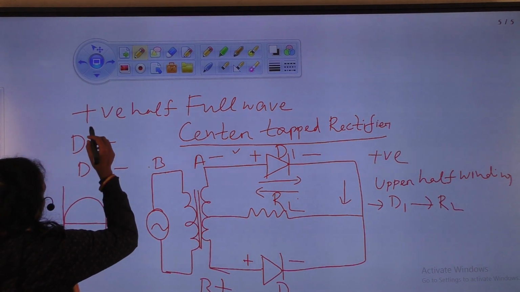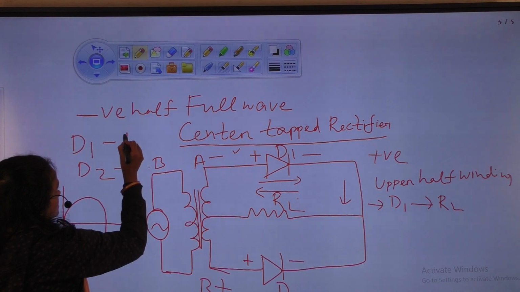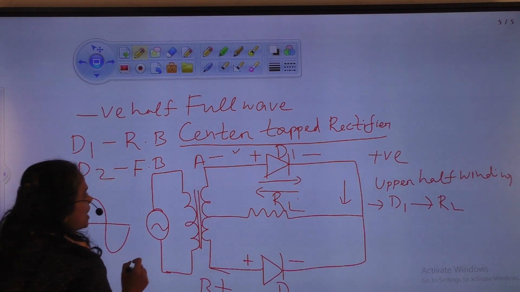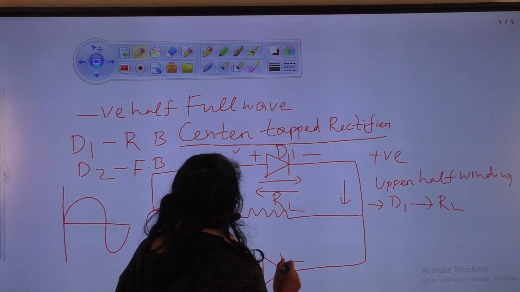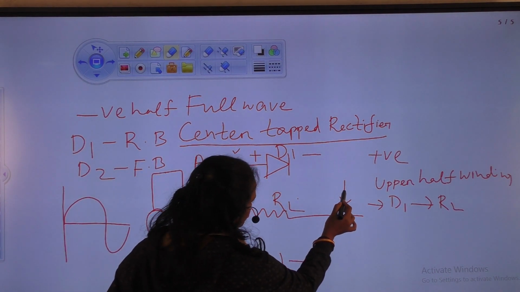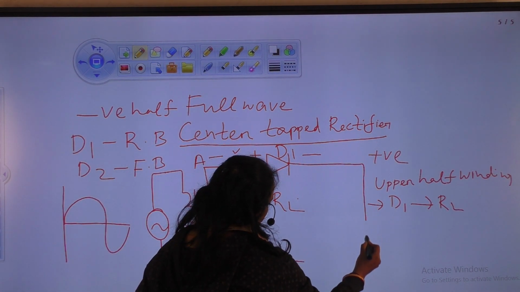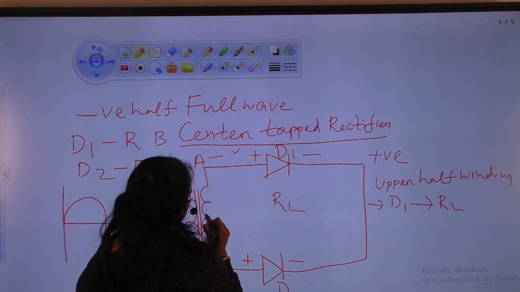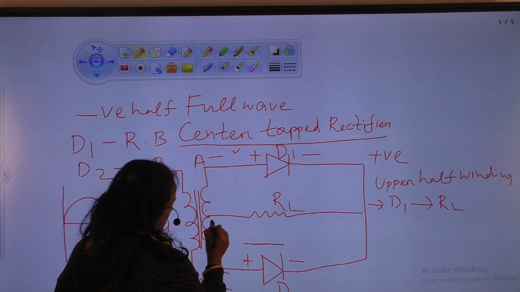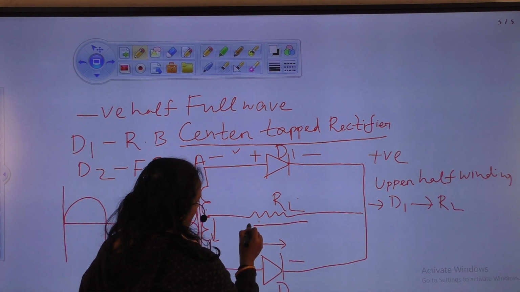So in negative half cycle, diode D1 is reverse bias and diode D2 is forward bias, and the current flows through lower half winding, then diode D2 and load RL.